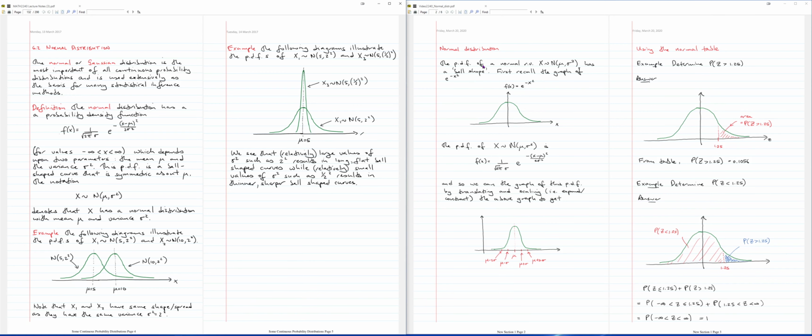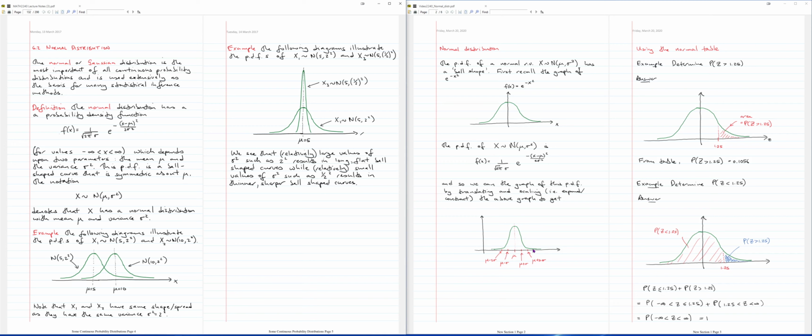All right, so the first thing you want to get out of this random variable that has a normal distribution is that the PDF is going to have a bell shape. So in the more general case over here, the PDF of x will have this sort of bell shape.